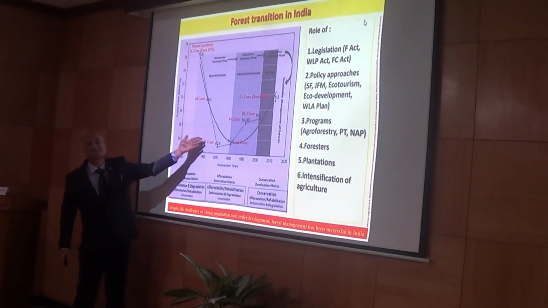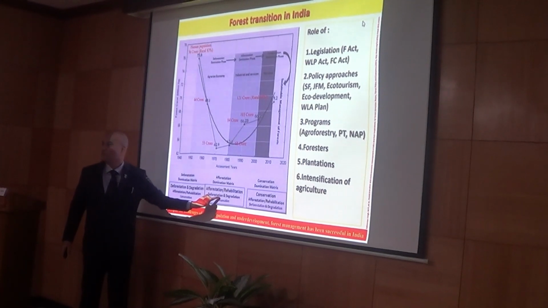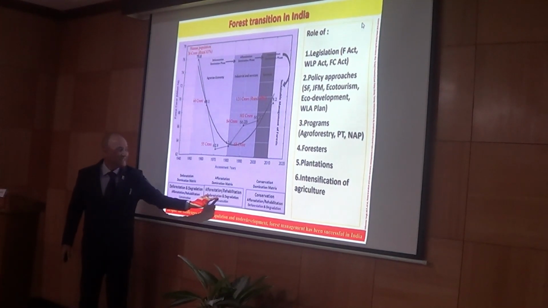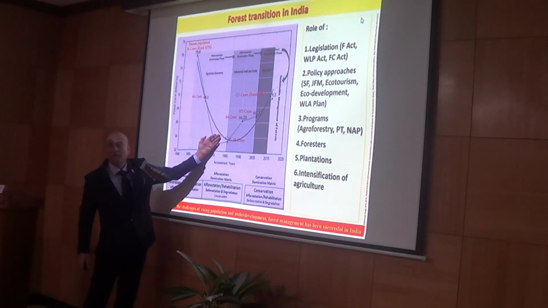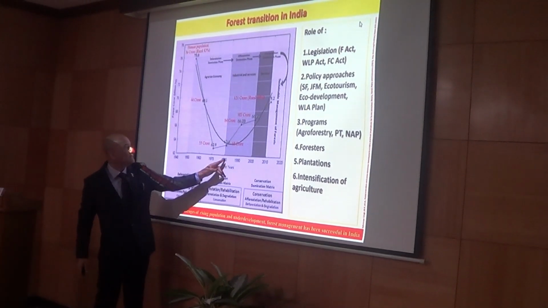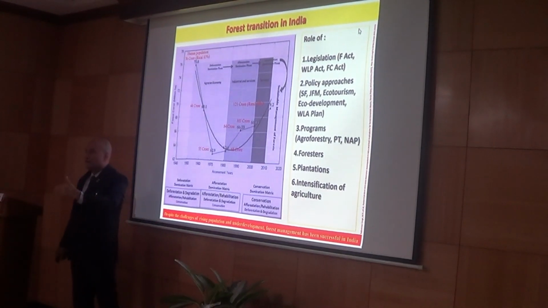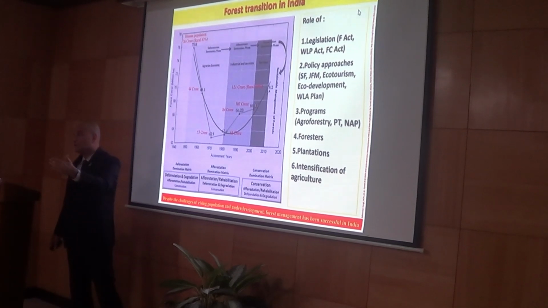This is forest area. Then we get into afforestation, when a number of social forestry programs happened throughout the country. And in this phase, we start slowing that down and start to accumulate. And this is the point where the forest area started, FSI started to say that it is increasing forest cover.